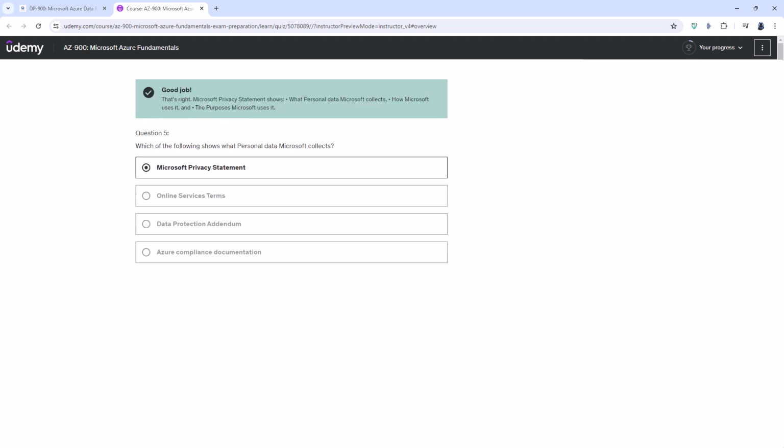So the Online Services Terms is the legal agreement between Microsoft and you. The Data Protection Amendment is about compliance with laws and disclosure, security, and transfer of data. And the Azure Compliance Documentation provides detailed reports about how Azure is compliant with various standards.